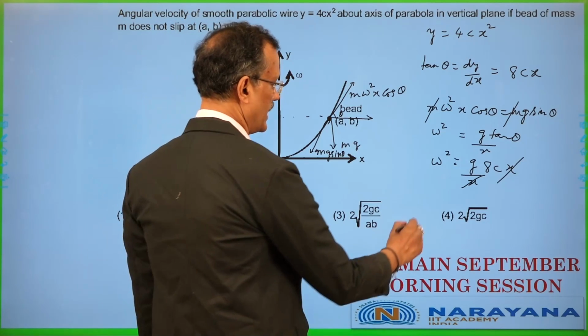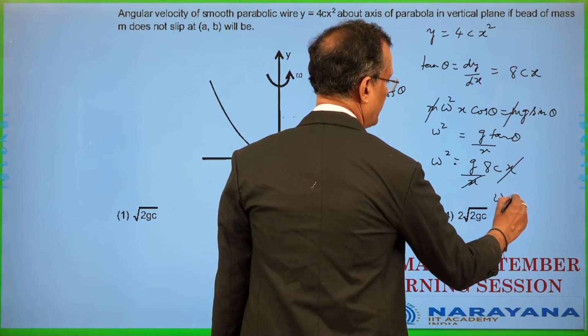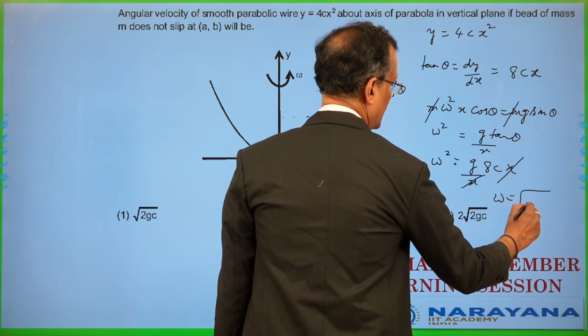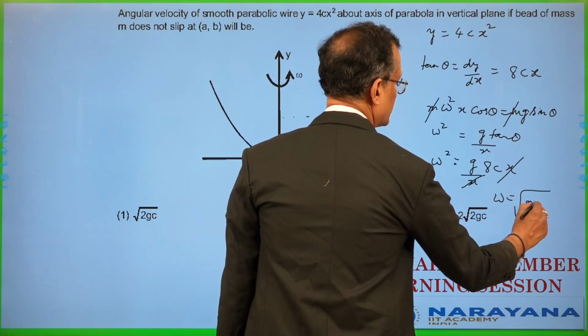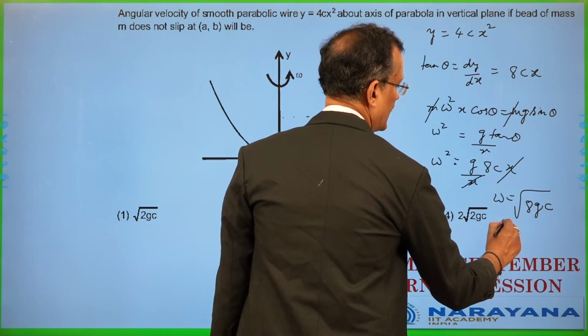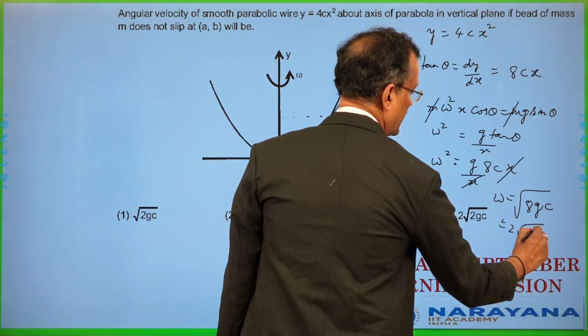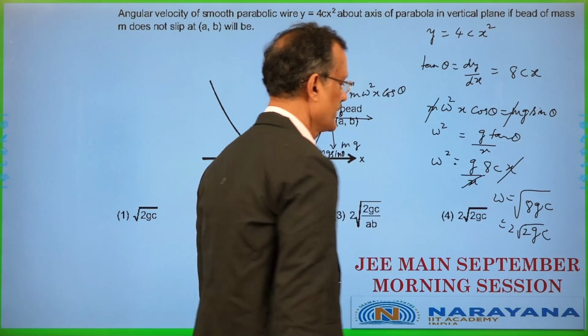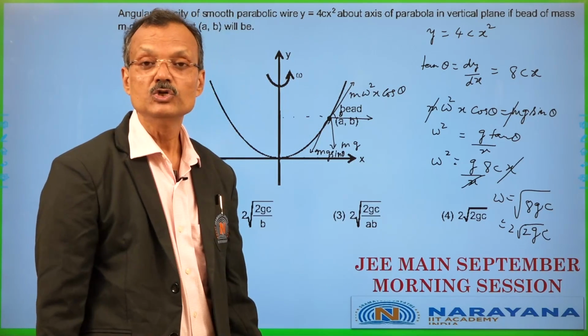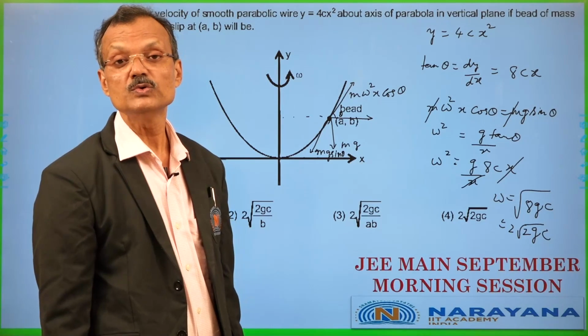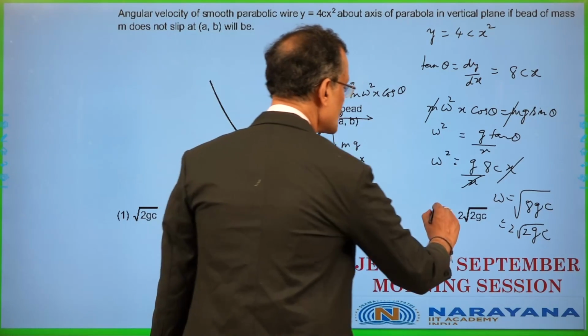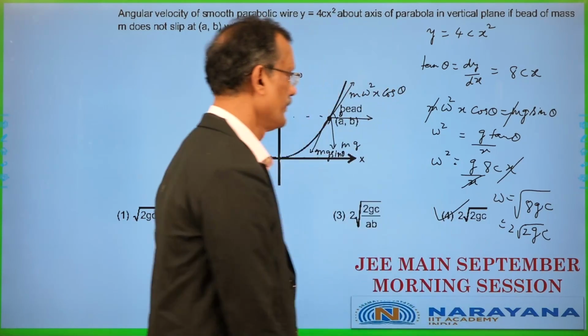We want omega, so omega will be under root 8gc, which is 2 root 2 gc. So the answer is 2 under root 2gc, answer number 4.